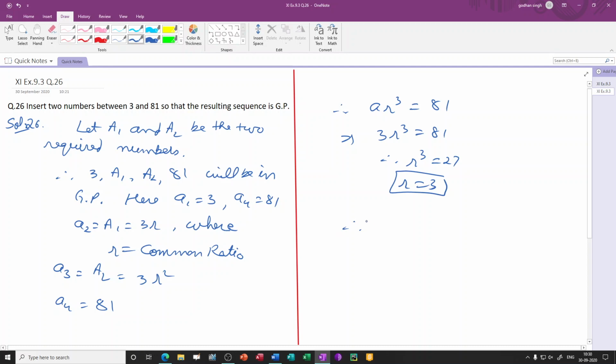So the two numbers which we want to insert between 3 and 81 are, capital A1 will be equal to 3R, that is 3 into 3, which is equal to 9. Capital A2 will be equal to 3R square, so 3 into 3 square, that is 3 into 9, so it is 27.